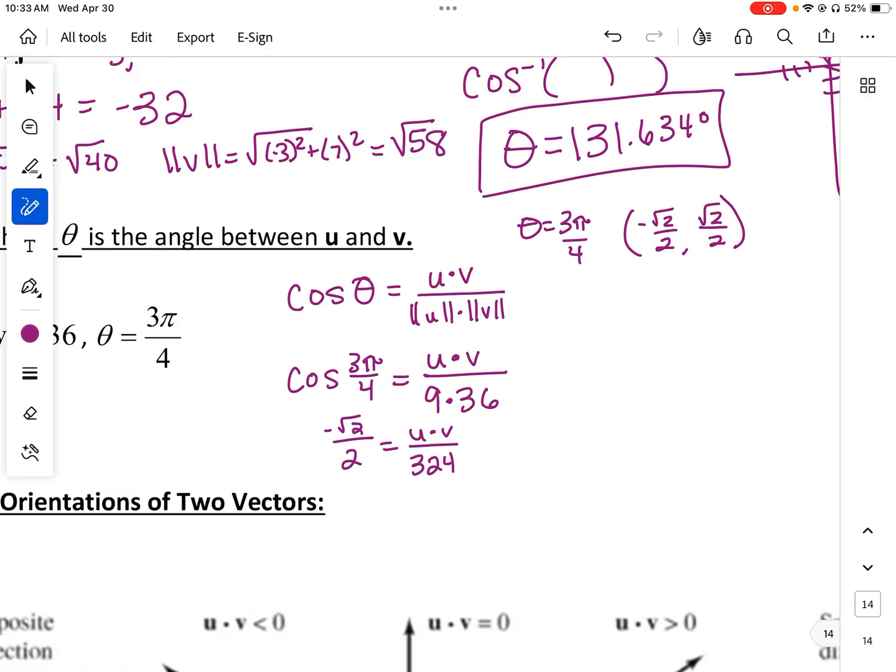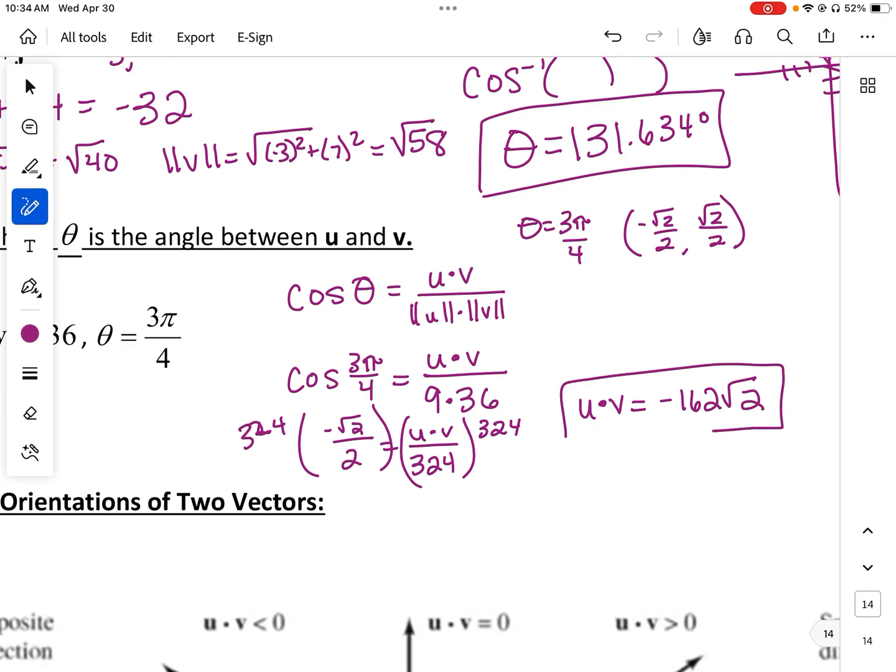And we want to find the dot product. So we're going to multiply both sides by 324. 324 times 2. So the dot product is negative 162 square root of 2. We're just going to leave it like that. We could put it in the calculator, but I'm just going to leave it just like that.